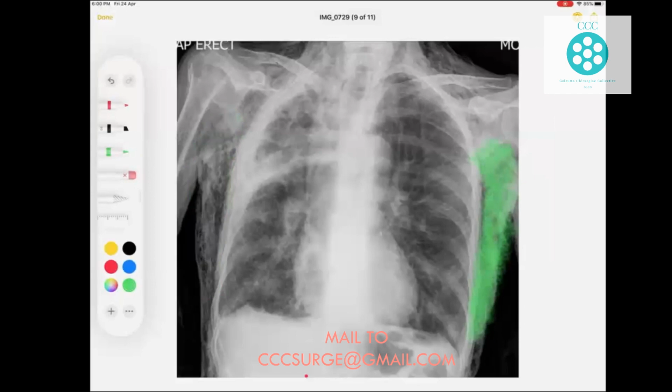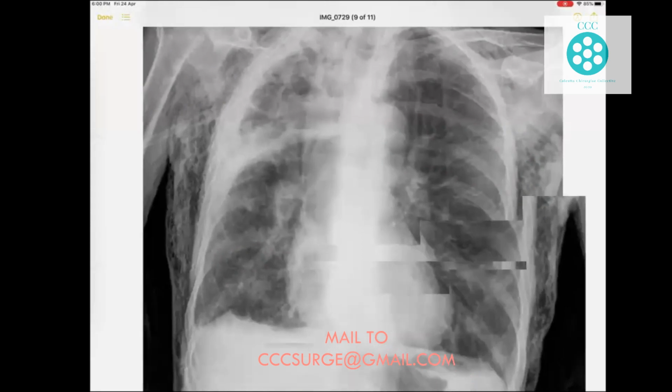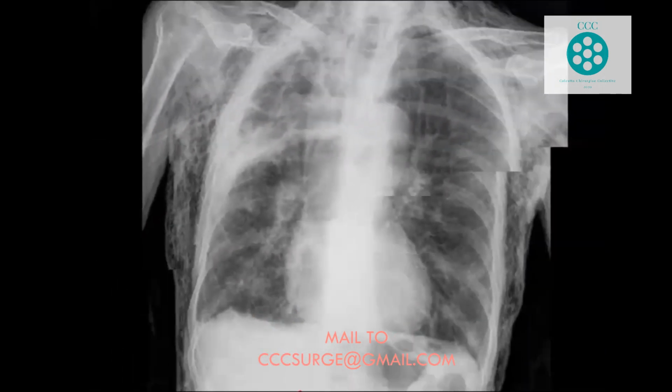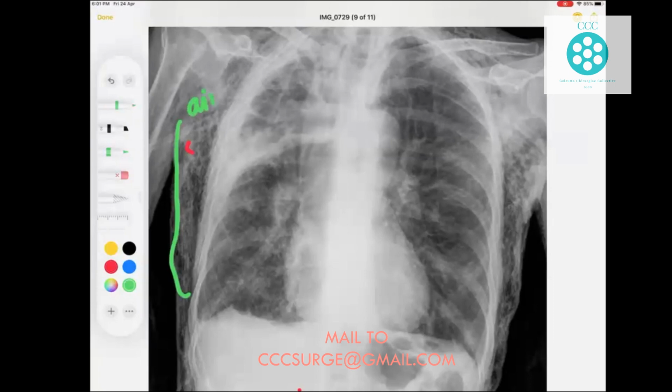But in this one, can you note that there are multiple areas which are now black in the gray. That means if it is black in the gray, what do you think will be the pathology of this tissue? Remember that this will suggest that there is air in the subcutaneous tissue.